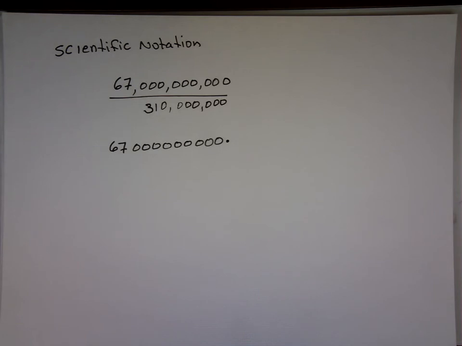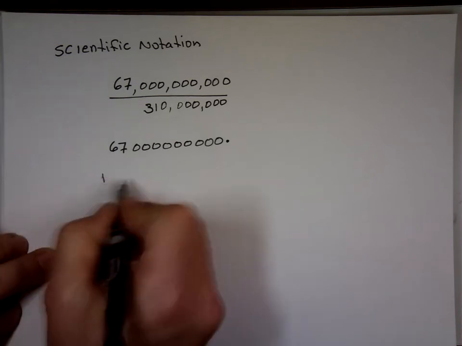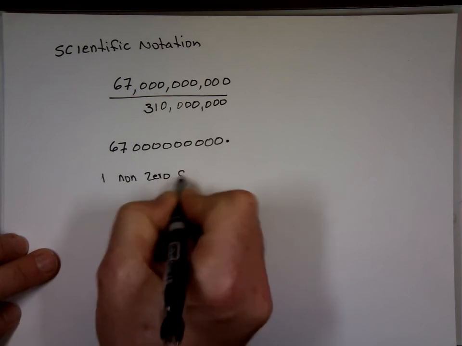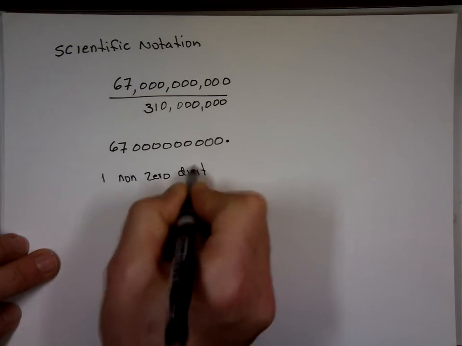So to be able to use my cheap calculator here, I need to write this in scientific notation. What is that? Scientific notation says you can only have one non-zero digit to the left of the decimal point.